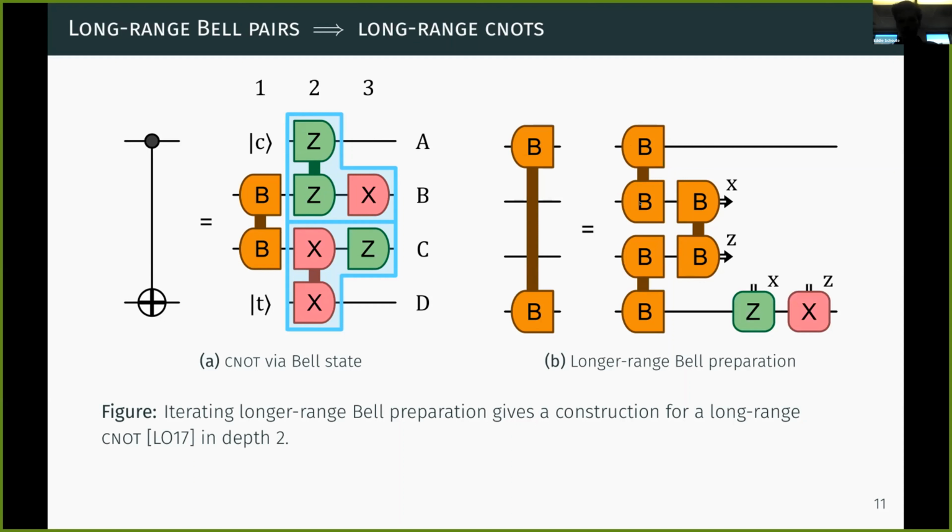We perform a Bell state preparation, and then we perform a teleportation of the second qubit to the fourth line. And we can simply iterate this construction to perform long-range Bell state preparation at arbitrary distance and depth 2. And therefore also perform CNOT operations in depth 2 at long range.